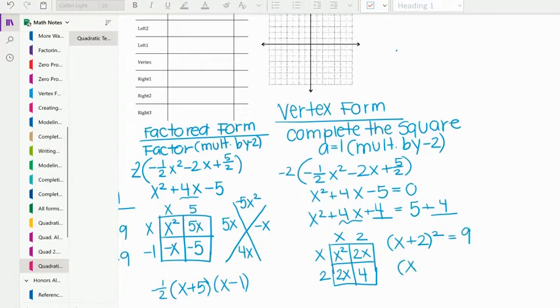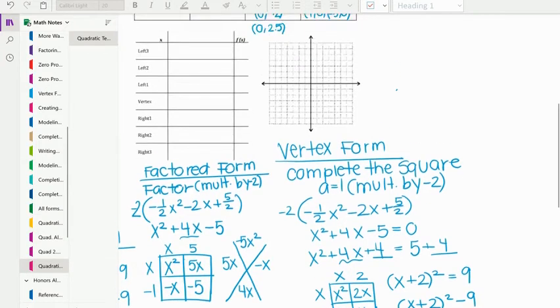and then we know we have to subtract that 9 over. But because we multiplied by negative 2, we now have to divide by negative 2, or we can just multiply by negative 1/2, because that's the same thing. So if we were to do that, we would get negative 1/2 x plus 2 squared, and negative 1/2 times negative 9 is positive 9/2, or 4.5.